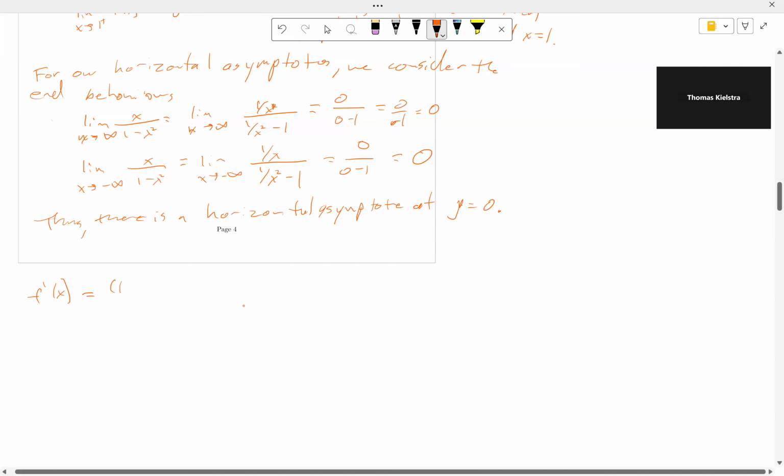So it's 1 times (1 minus x squared) minus x times negative 2x, all over (1 minus x squared) squared, which equals 1 plus x squared over (1 minus x squared) squared.